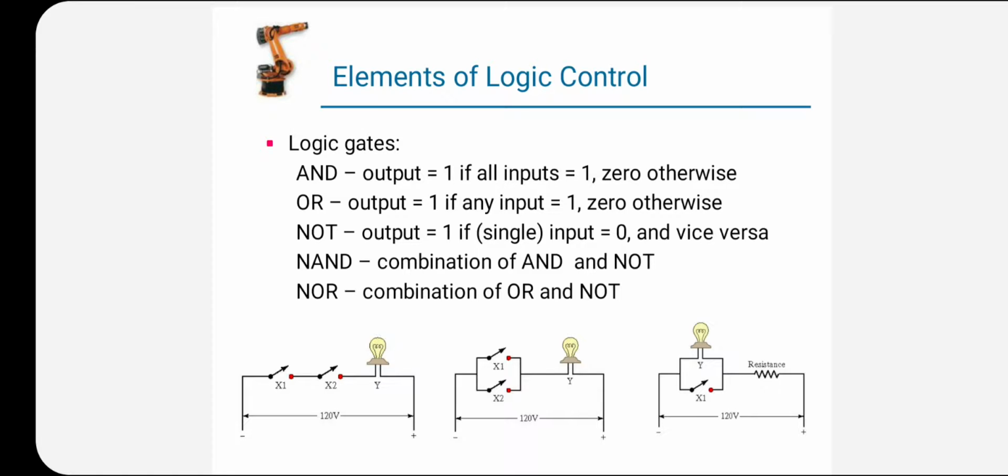Either the first input or the second input is 1, you will get output equal to 1. Otherwise it is 0. If all inputs are 0, then the output is also 0. So this is about the OR gate. And the third one is an example of a NOT gate.